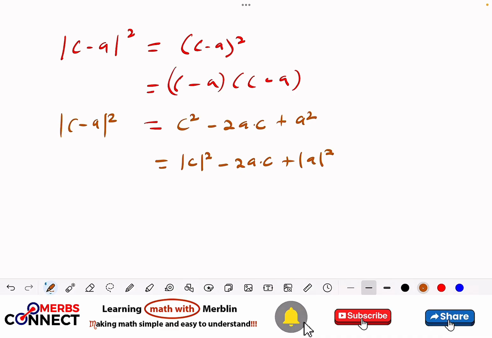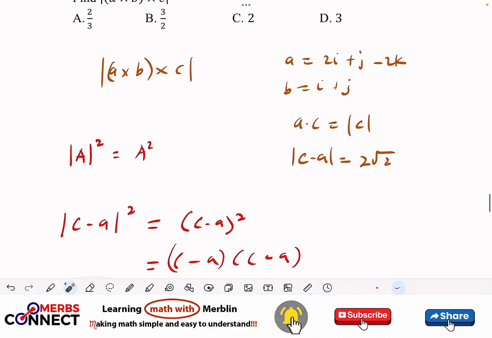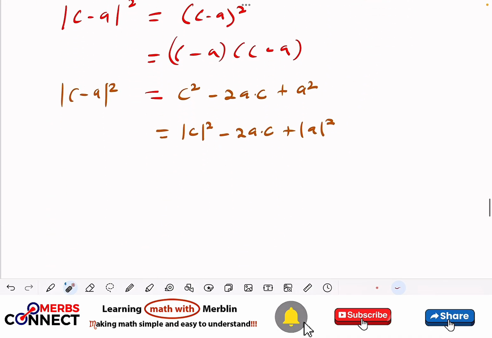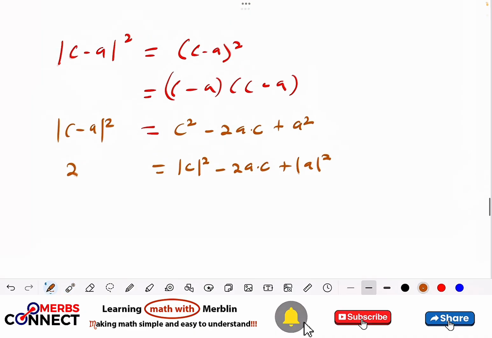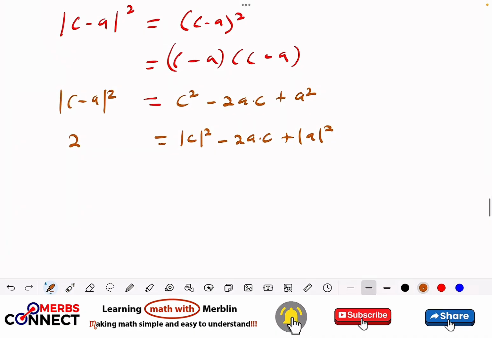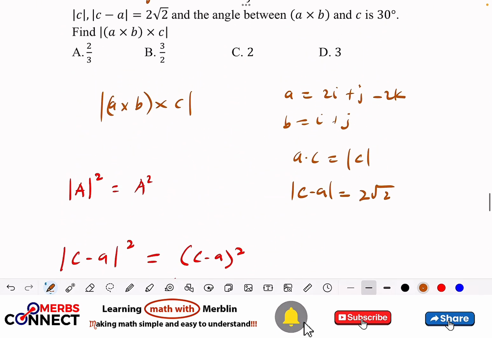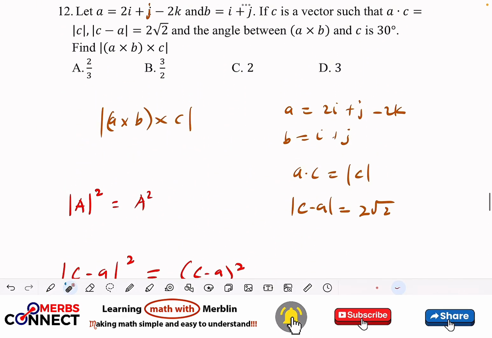And then what is this? This is given as this, so we know that this is 2 square root of 2. Now let's try and look for some of the components. Here we can find the magnitude of A because A is already given here.